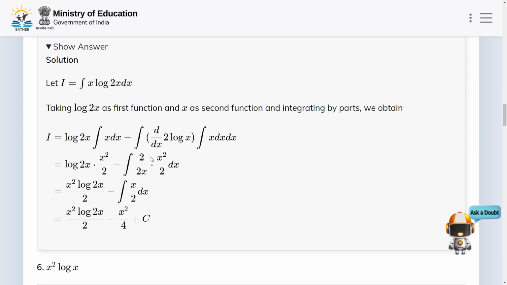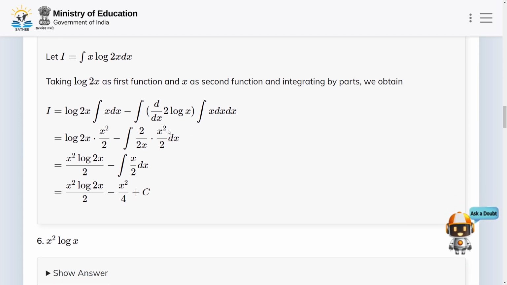Sorry, it must be 2 divided by 2x. So here must be 2x, as we are talking about log of 2x. Simple. The derivative will be, as you can see, 1 by x, since log 2x is log 2 plus log x. Now the integration of this will be x square by 2.